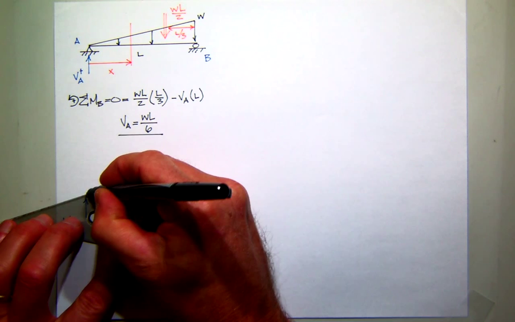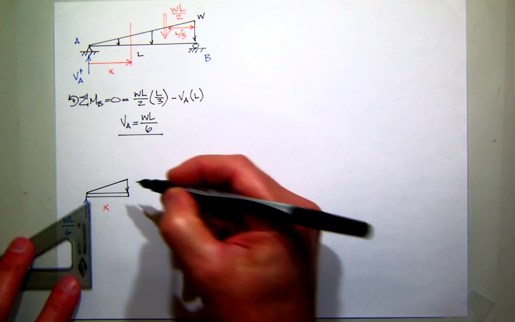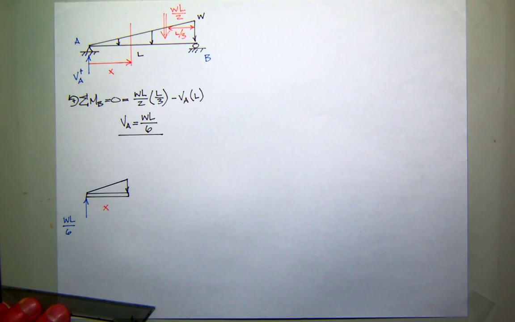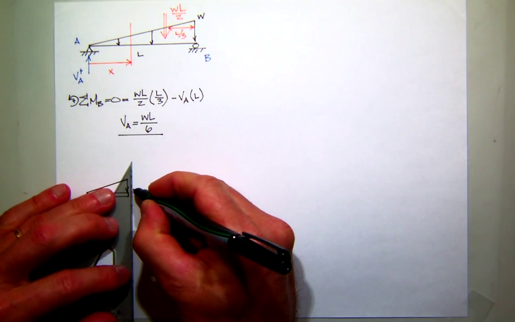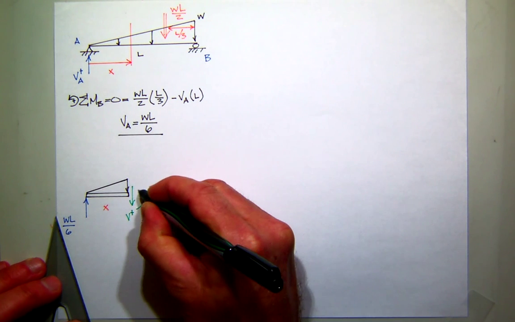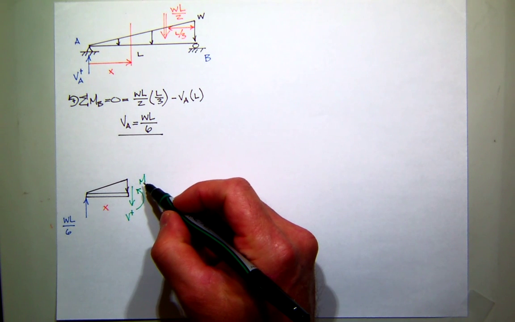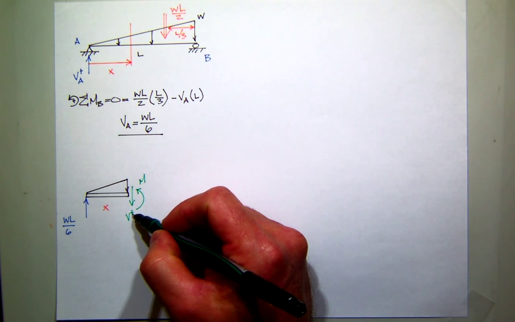Let's look at the load. We'll come back to that. Let me go ahead and pencil in the directions for my positive shear force and my positive bending moment. For this problem, all we're really interested in is moment, so we won't worry too much about the shear.